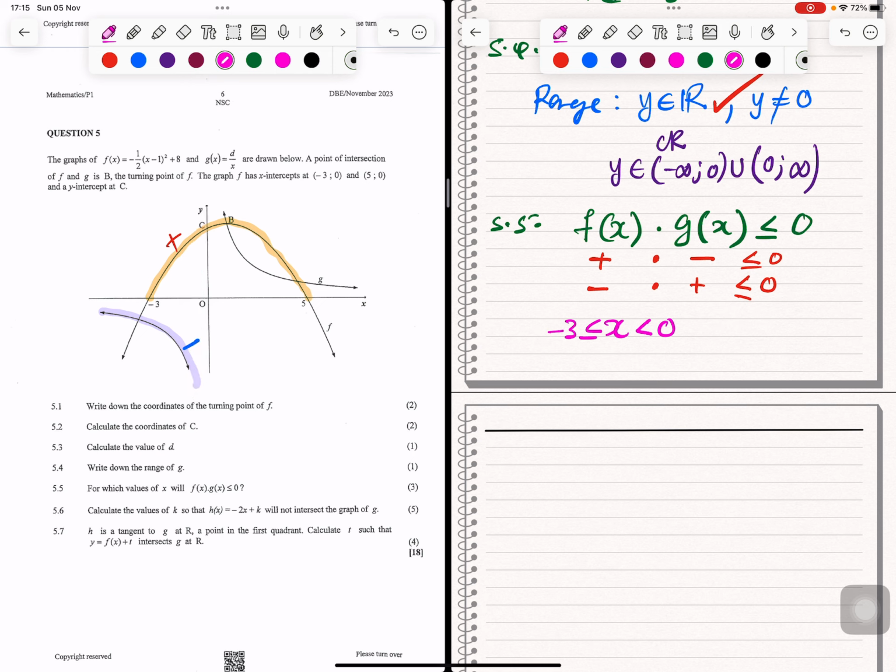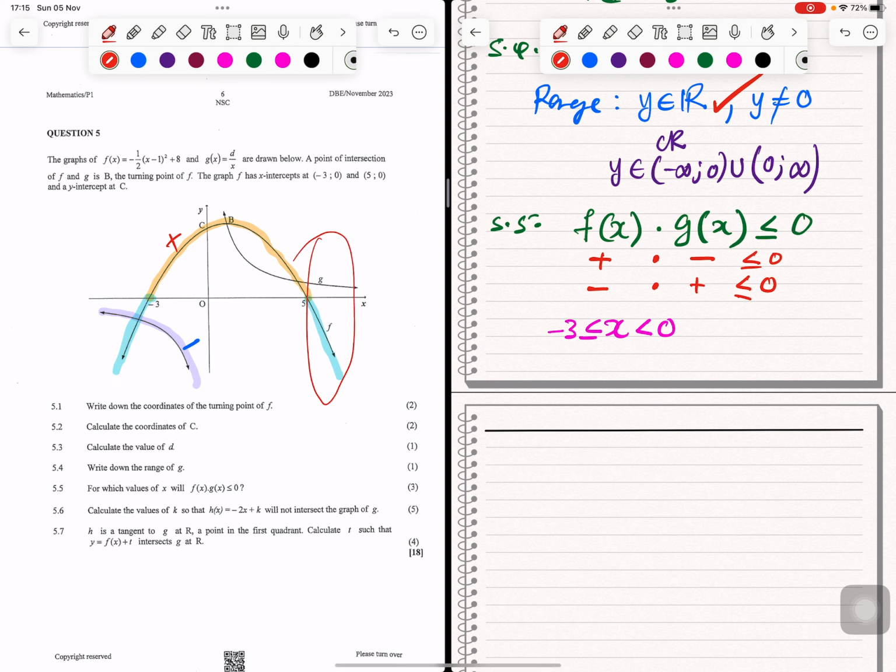So this is the case where f is positive and g is negative. Now I'm going to look at where g is negative. So g is negative where, observe it, it's negative in that region below the x-axis and also here. But if you look at this region here, they are both negative.